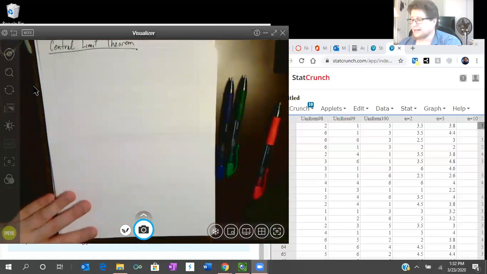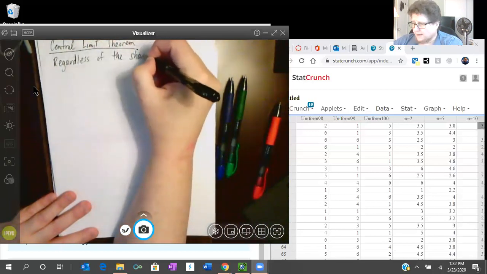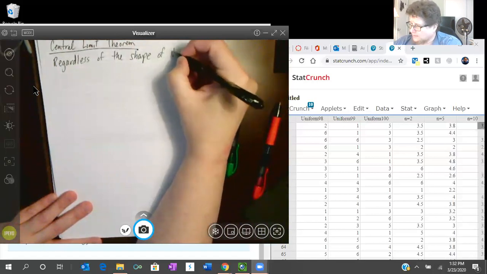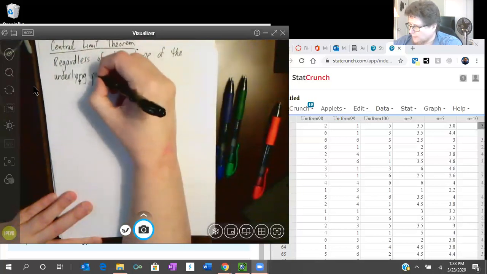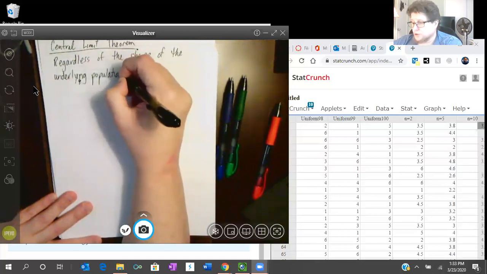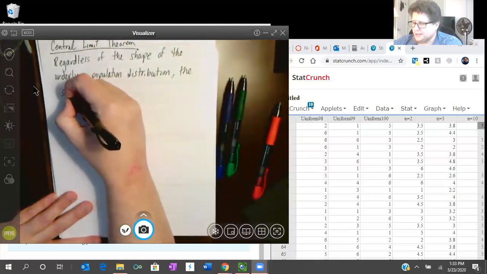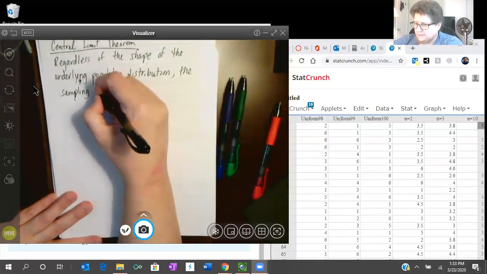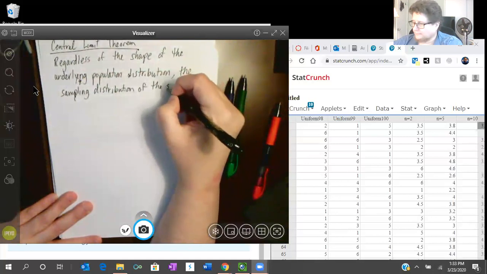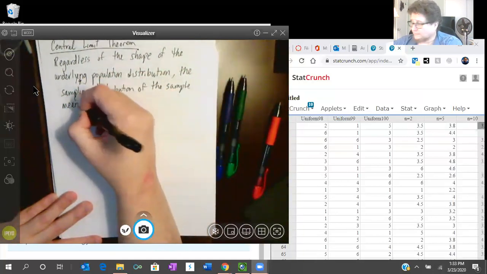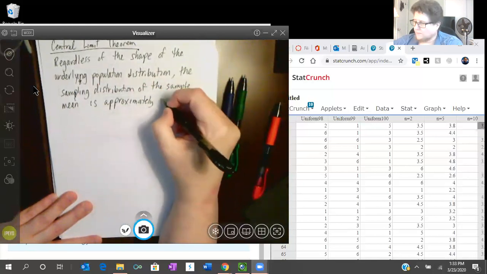It says, regardless of the shape of the underlying population distribution, the sampling distribution of the sample mean is approximately normal for large enough n.